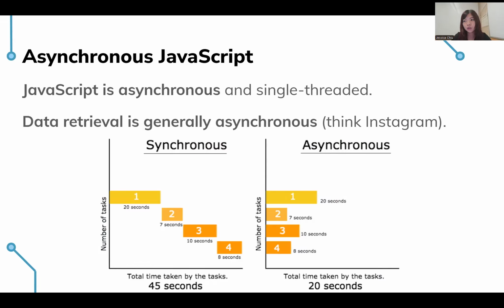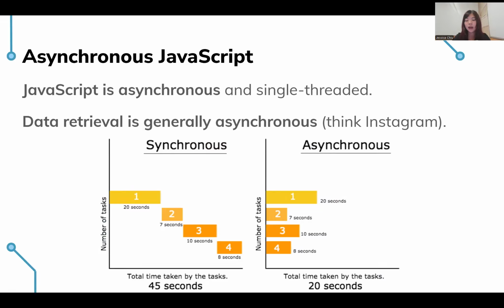When we do data retrieval, which is what APIs do, it is asynchronous. That means that different tasks that occur in our program can happen concurrently. You can see in this diagram, the synchronous tasks take 45 seconds because each one happens one after the other.